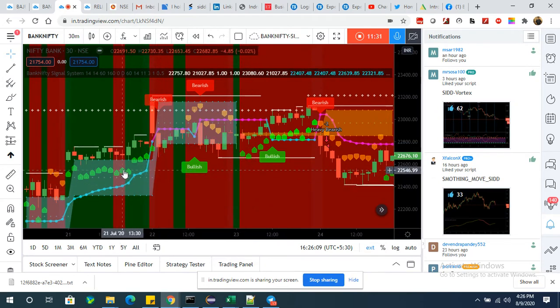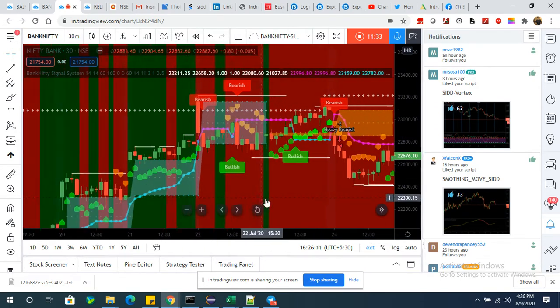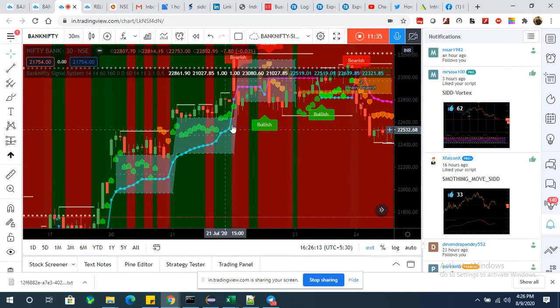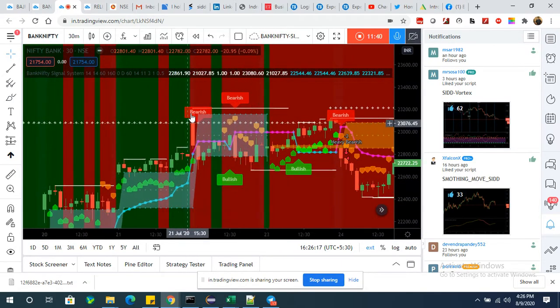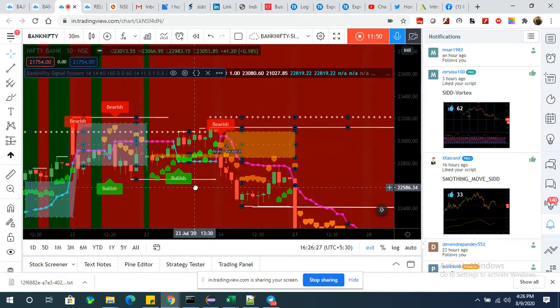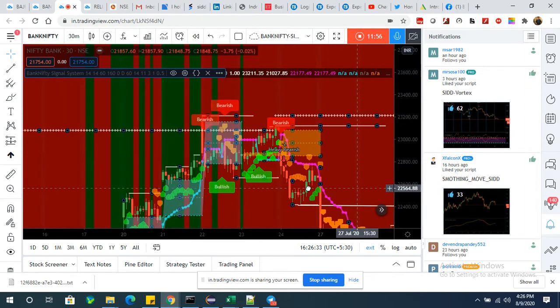So again, continuously gap ups are happening, one, two, three gap ups happened. After this gap up, you see that the bearish signal came here, and this bearish signal gets negated with this bullish signal, but again the bearish signal came here. As you see, if bearish and bullish signals are regularly coming, that means that is a sideways zone, and you can identify that sideways zone.